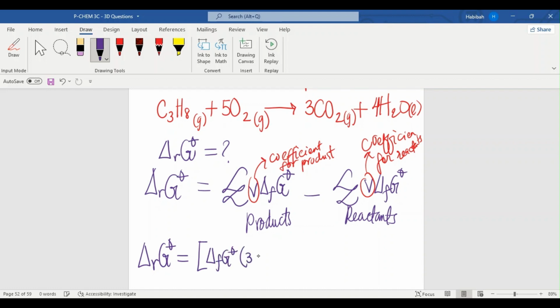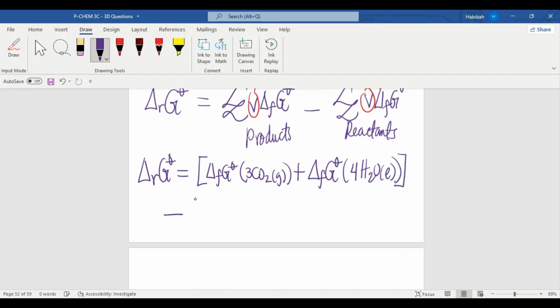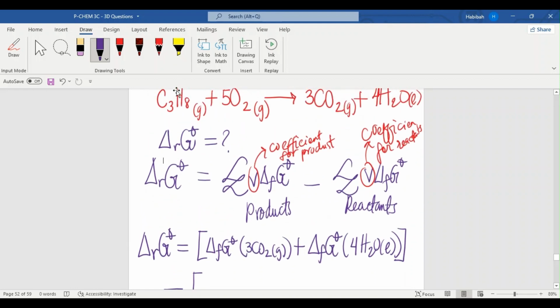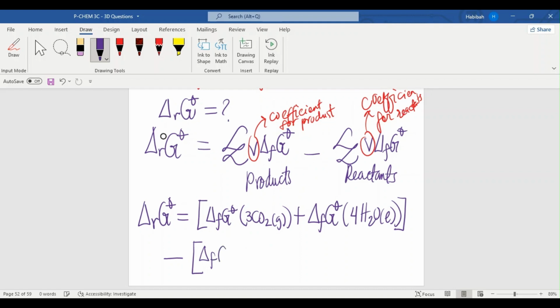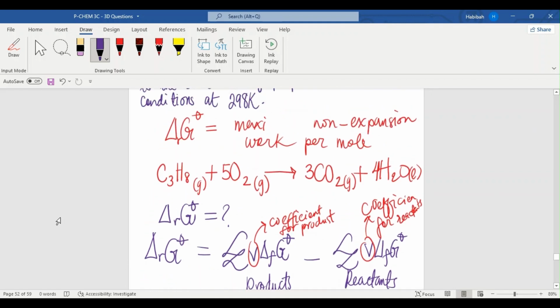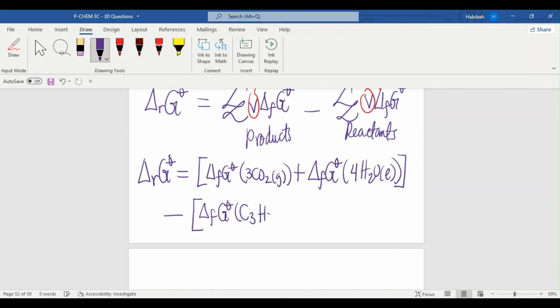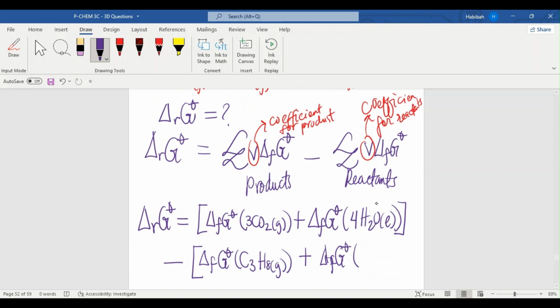We deal with the first product, which is 3CO2 gas, plus the Gibbs energy of formation of the second product, which is 4H2O, minus the Gibbs energy of formation for the first reactant, which is C3H8 gas, plus the Gibbs energy of formation for the second reactant, which is 5O2 gas. So this is basically our work.